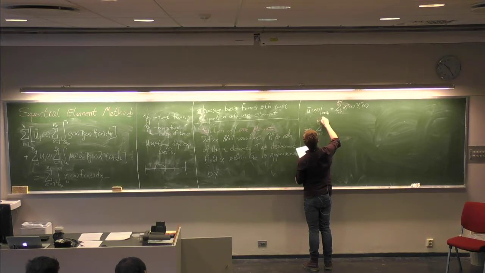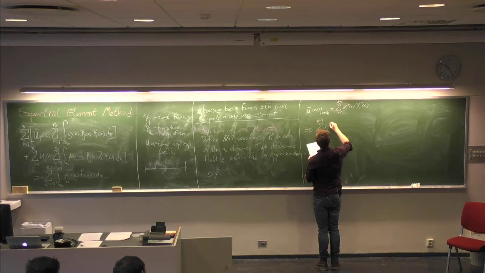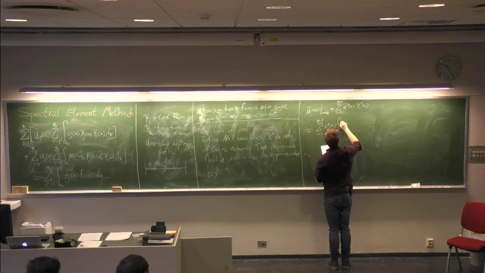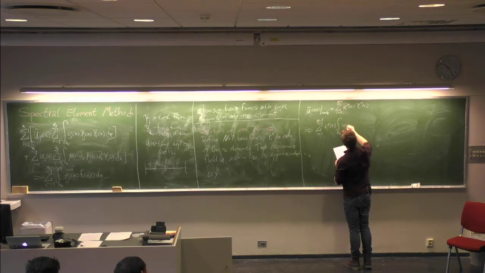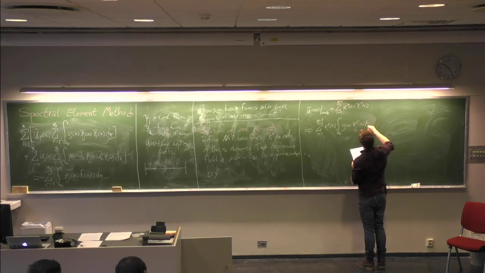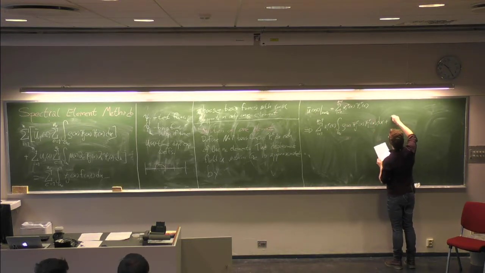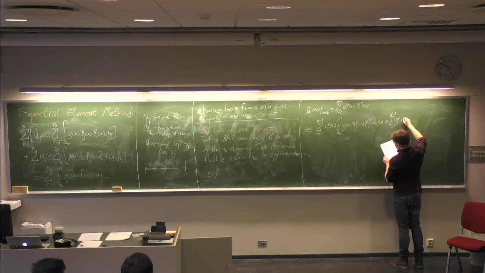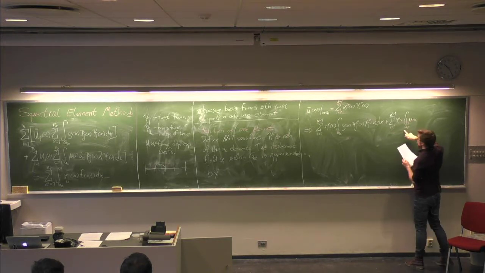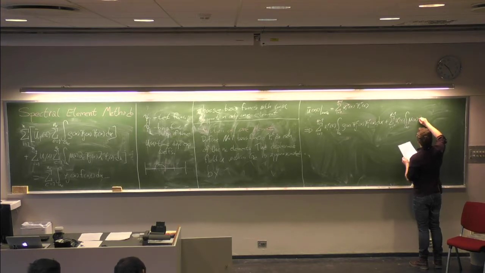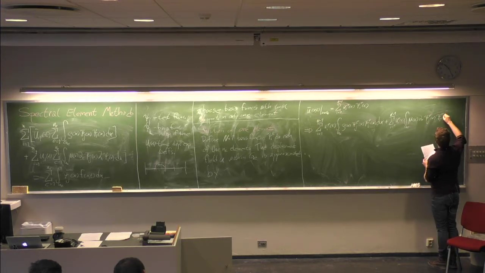The sum from i equals 1 to N plus 1 of ui e of t, integral over GE of rho at position x, Cj e of x, Ci e of x dx, plus the sum over i of ui e of t times the integral, which we're also going to solve later, of dx Cj e of x, dx Ci e of x.